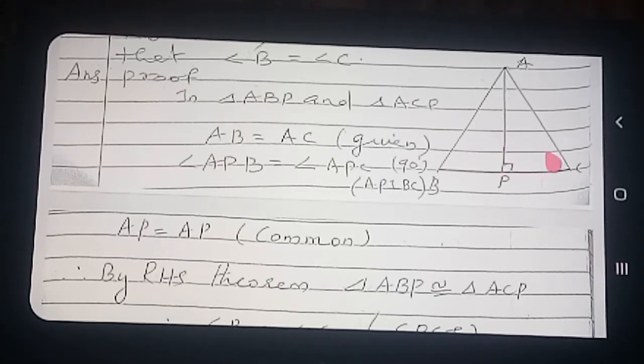Okay, clear now? So what do you want to prove here? Your question is to prove that angle B and angle C are equal. So here the direct answer comes now. What about B and what about C? Corresponding parts of congruent triangles. If two triangles are congruent, all corresponding parts are congruent. Therefore, angle B is congruent to angle C. So what I have written here: CPCT.